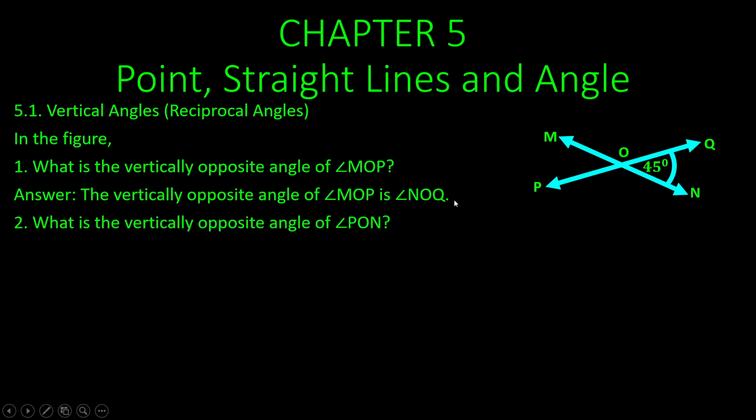The second question is: what is the vertically opposite angle of PON? Where is the PON? If we extend OP and ON in the opposite direction, we'll find the opposite rays of OP and ON as OQ and OM, and the angle between these two opposite rays is MOQ.